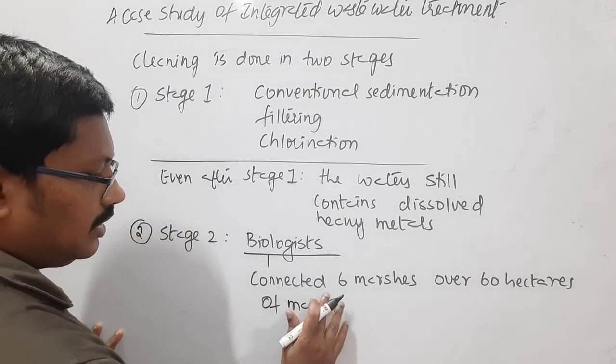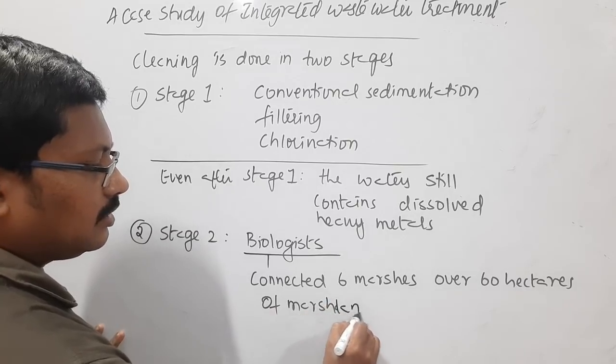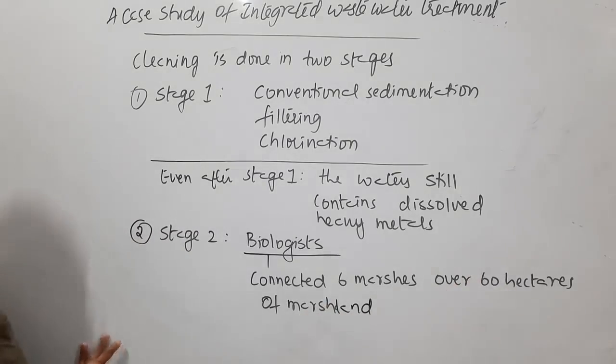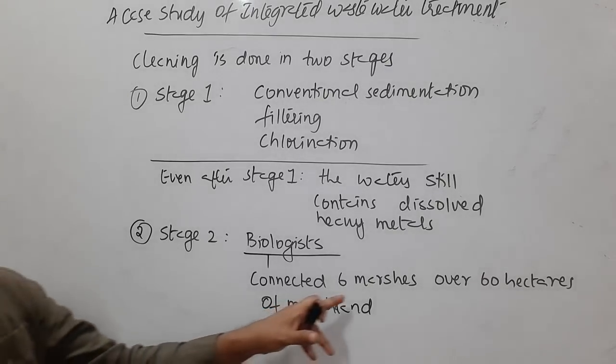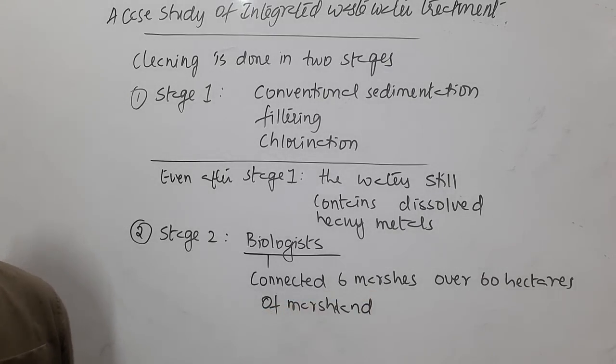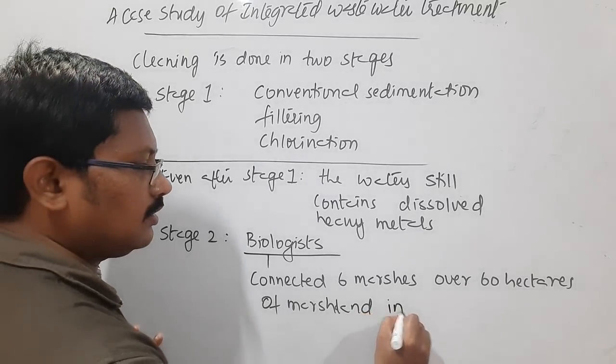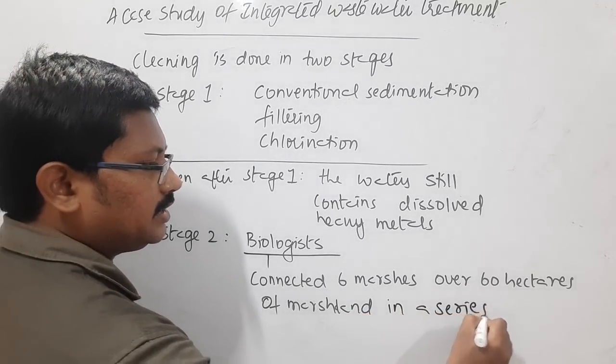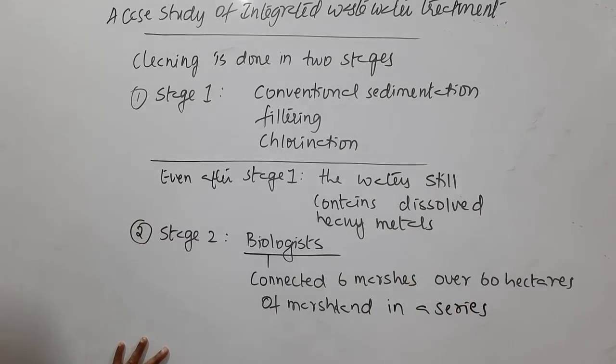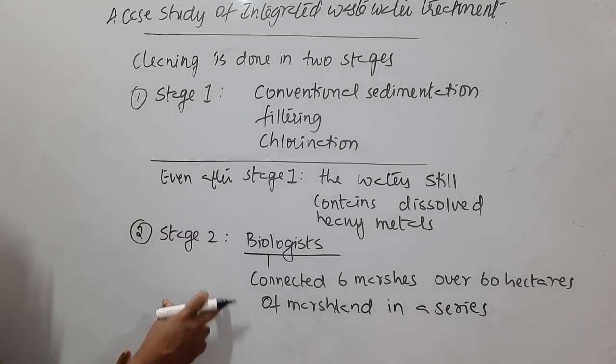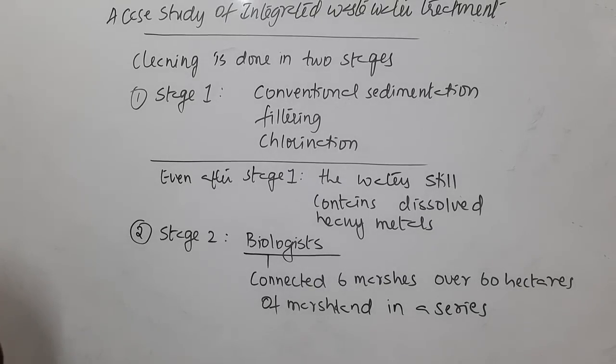In a marshland that has around 60 hectares, they connected these six marshes in a series, meaning in a line, over an area of 60 hectares.